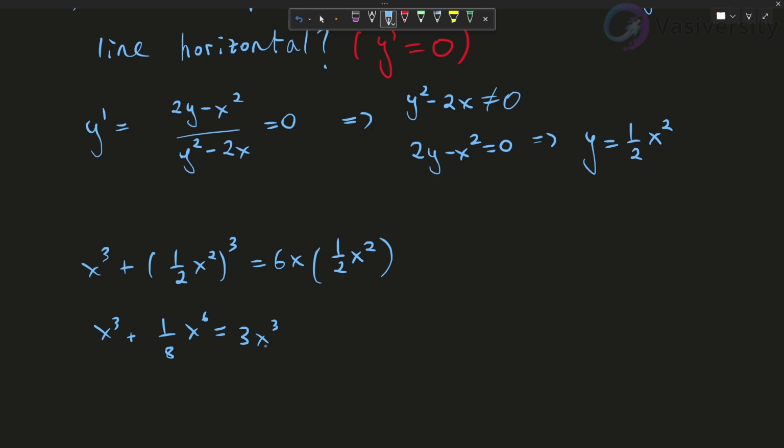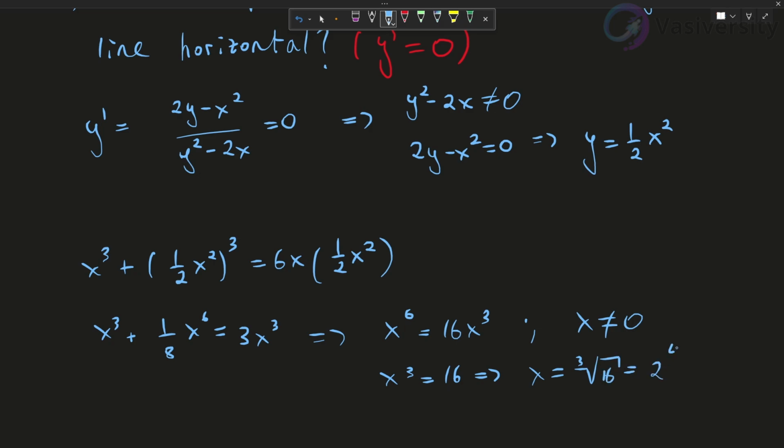Okay, so that means x to the 6 will be equal to 16x cubed. So we know that x is not equal to 0 in this case, so that means x cubed is going to be equal to 16. So we will get that x is equal to cube root of 16, which is equal to 2 to the power of 4 thirds.